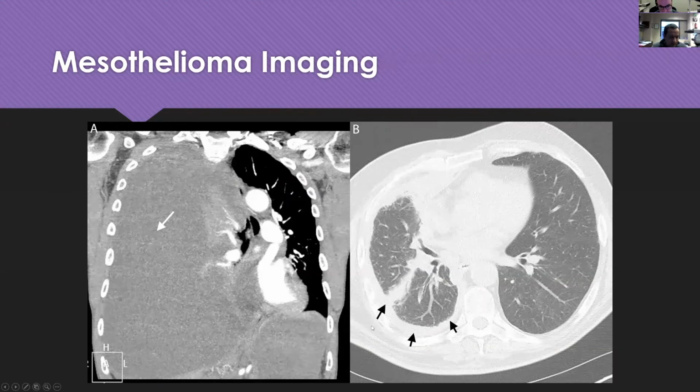And then better seen on this cross section, you can see this nice rind here that I think is tracking along the fissure again. That correlates nicely with what we saw in the gross in the previous case, the one on part A. Essentially you can't see any lung, the lung is completely collapsed, which is why I feel the cytologist's pain, because the cytopathologist doesn't have the surgeon's view of things.